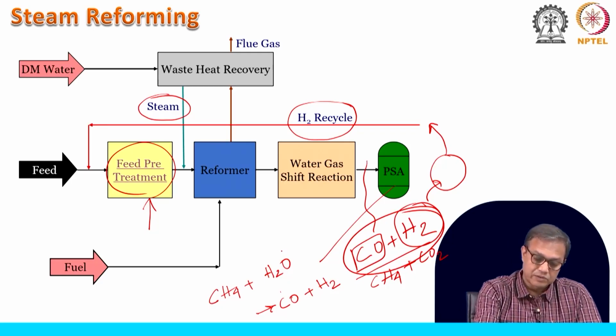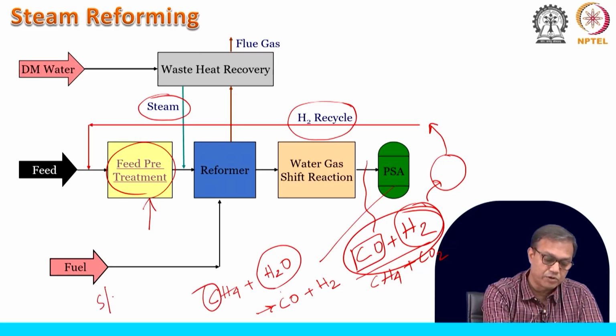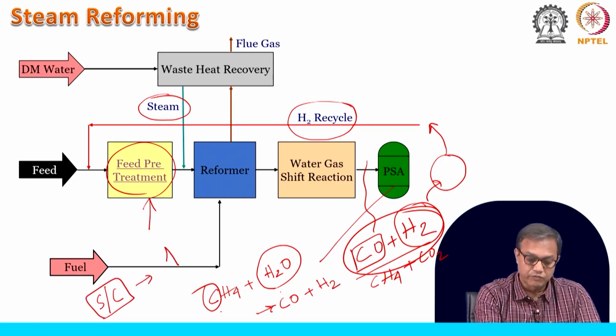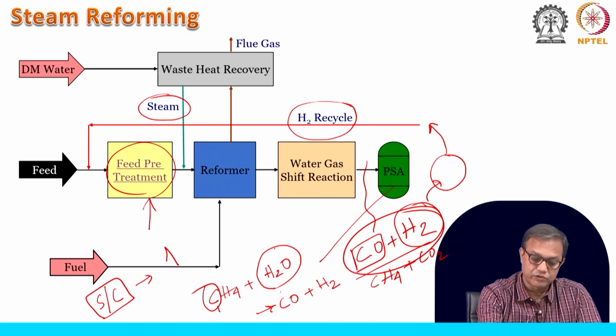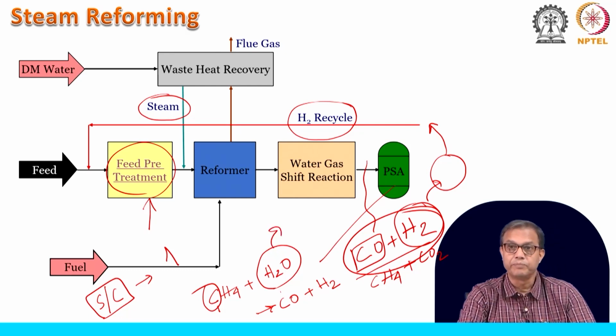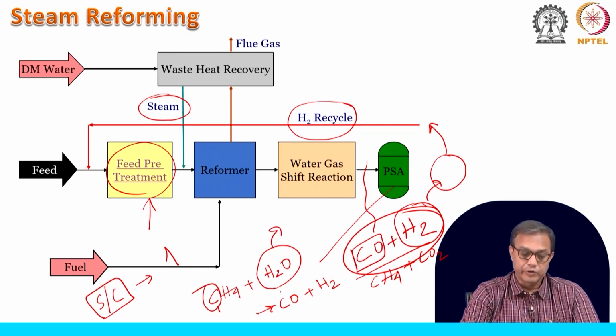So, this is steam and this is carbon. The steam to carbon ratio or the stoichiometry is basically 1. So, we have 1 carbon for which we are giving 1 steam.